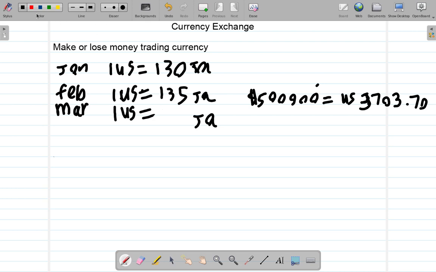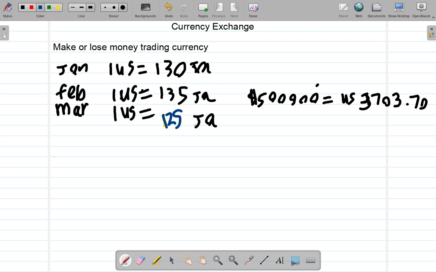But then, suppose they were wrong this time. The Jamaican dollar strengthened and it's now selling for 125. That person made a mistake. They expected the Jamaican dollar to weaken.